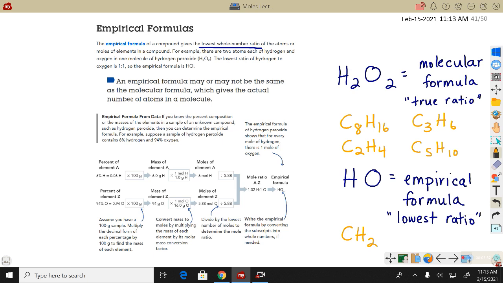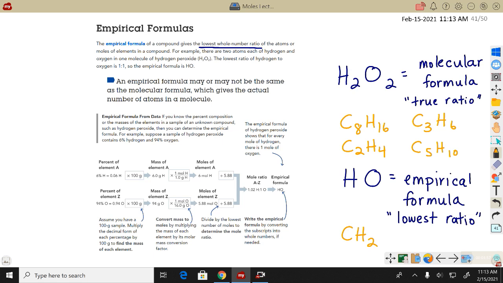And so they say in the middle here that an empirical formula may or may not be the same as the molecular formula, which gives the actual number of atoms in the molecule, like the true ratio, the actual ratio. We're going to focus on the empirical formulas, which are often what we think of in reference to ionic compounds.